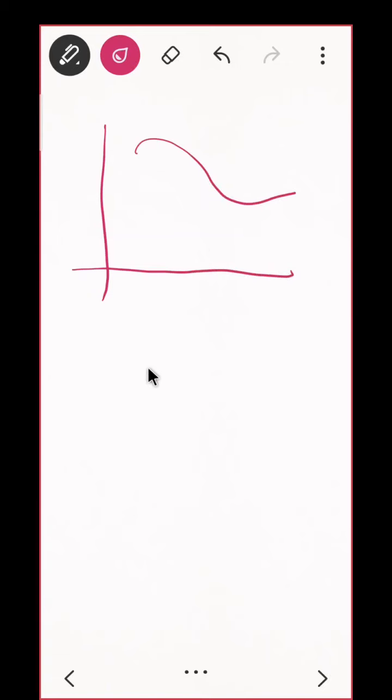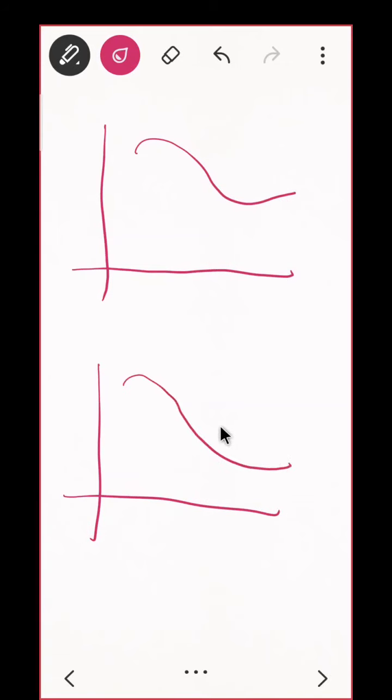Suppose this is my graph. Okay, let me talk about only one interval. In this interval, xi to xi plus 1, and here also something like this only. This is xi to xi plus 1.